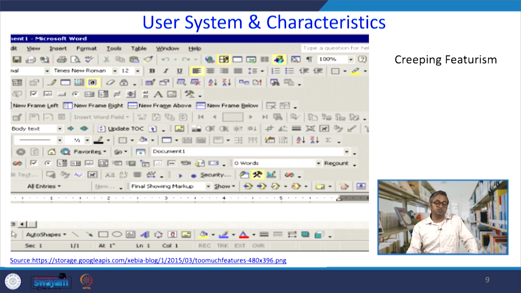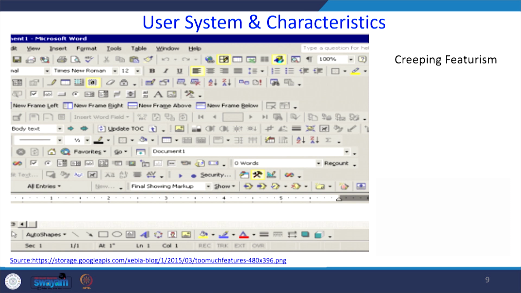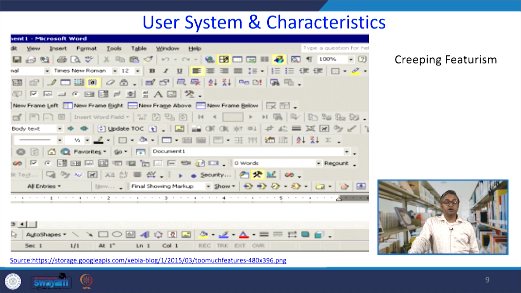This is a Word document picture from Microsoft 1998. Now, 1998 Microsoft Word was having so many features. More than half the page is having the features. This type of featuring, we call it creeping featurism.